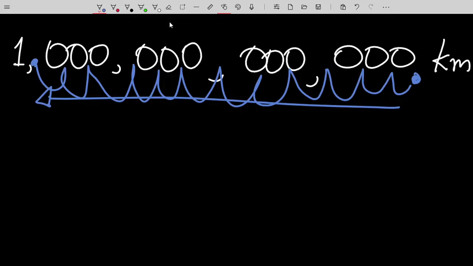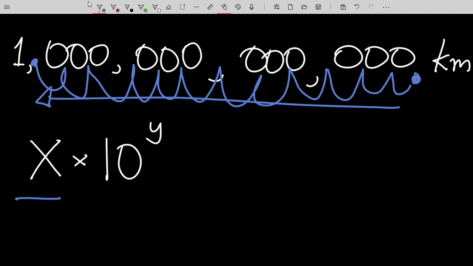Now, the second thing to do is to, again, know the general format in scientific notation, which is x times 10 raised to the power. Now, we all know that your x is the non-zero number with the decimal in a new position. So here in our example, we're going to have 1.0. Why?